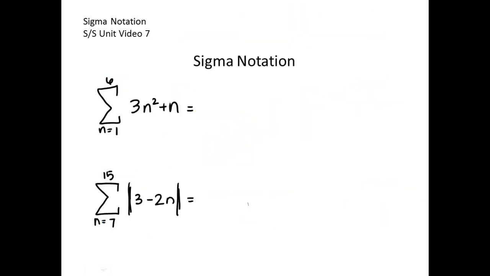Okay, for this one, we're going to go ahead and substitute in n equals 1 and end at 6. So again, I'm going to be substituting in for the n value 1, 2, 3, 4, 5, and 6.